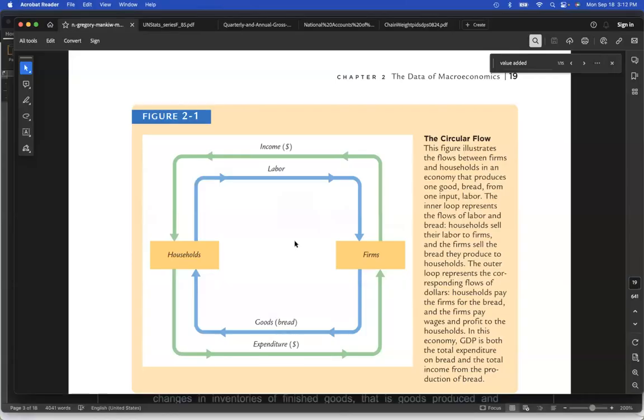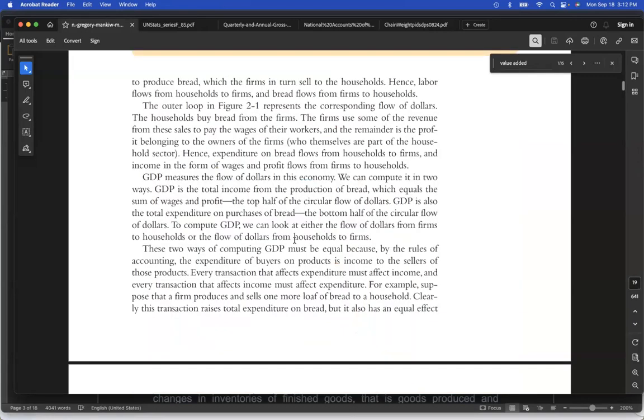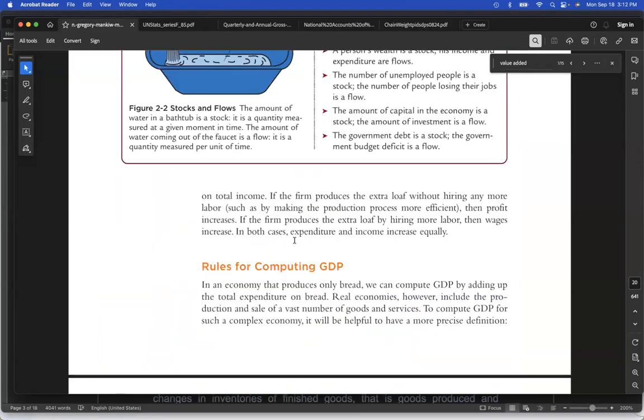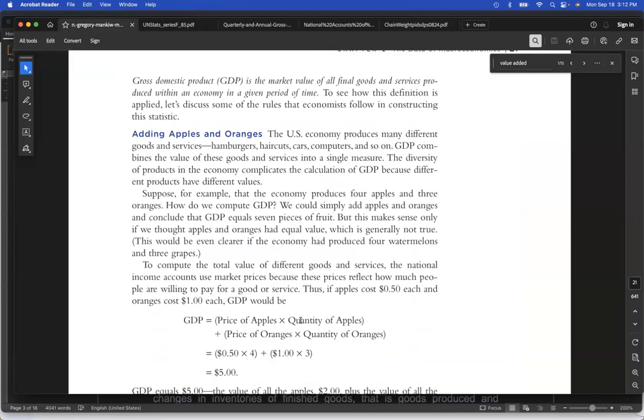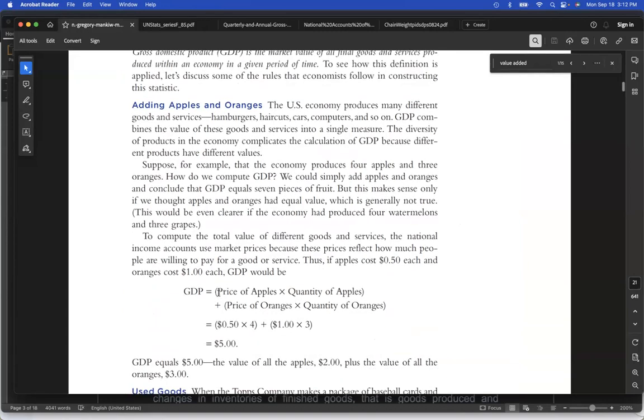And let me just show you guys the chapter conceptually, right? Chapter 2, we have the circular flow, rules for computing GDP, just to go through the book. GDP is just a summation of these different numbers. If you had a lot of goods and services, this would go on for pages, but now consider two products, apples and oranges.